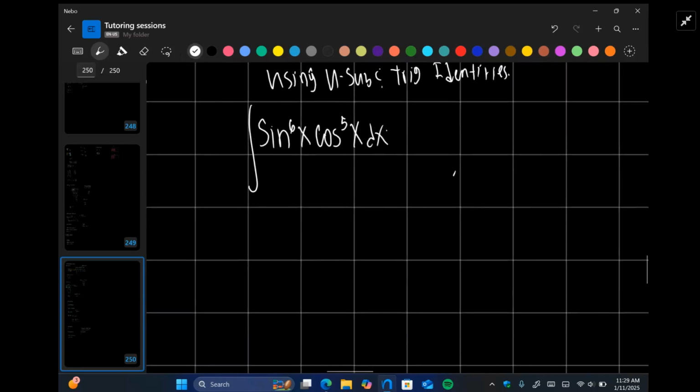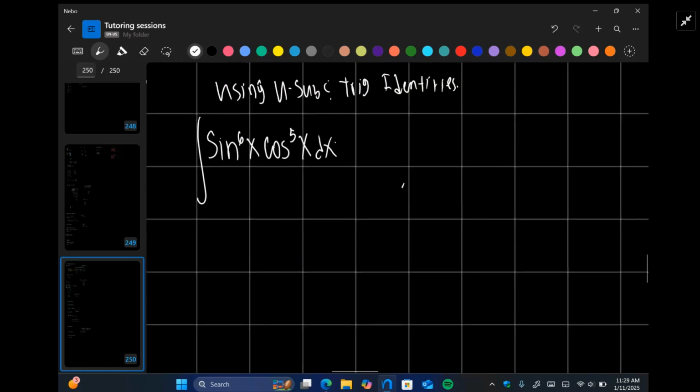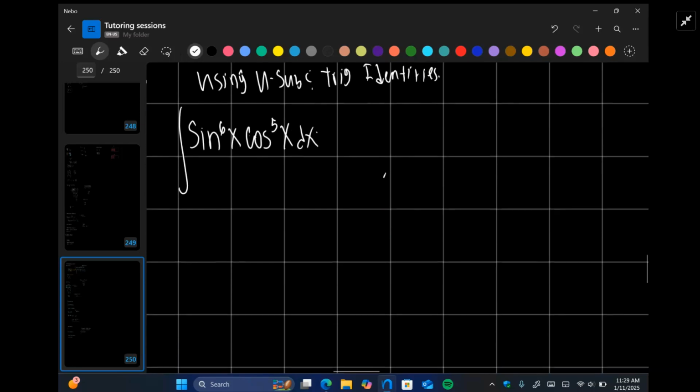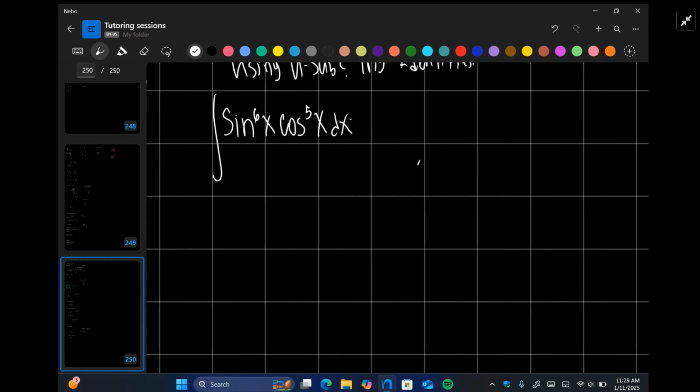So here we have the integral of sine to the 6x cosine to the 5x dx. Now, the one thing we need to do is try to get it so that either there's a sine left over or a cosine left over in terms of du when we do u substitution. So let's see here.